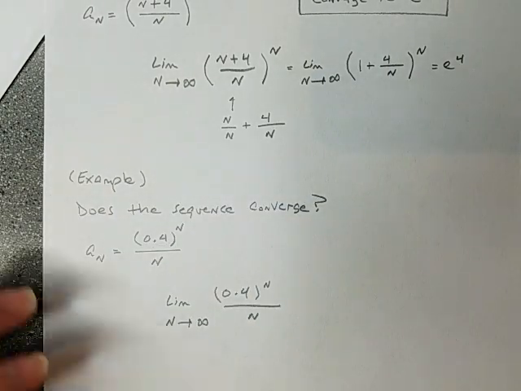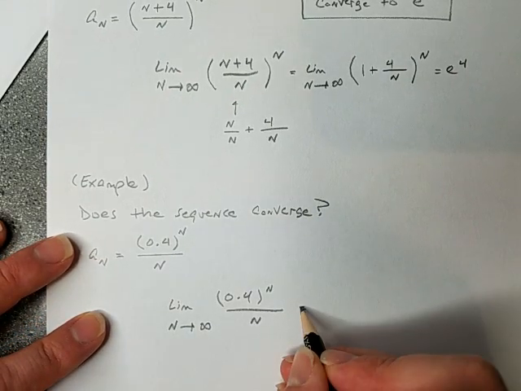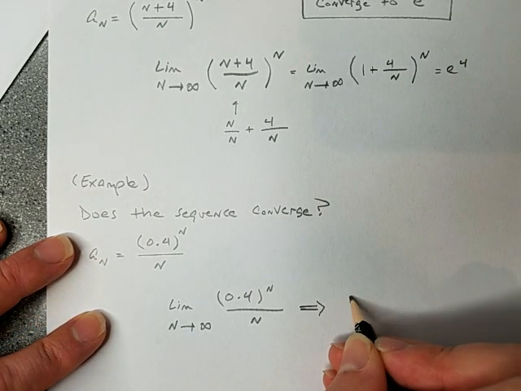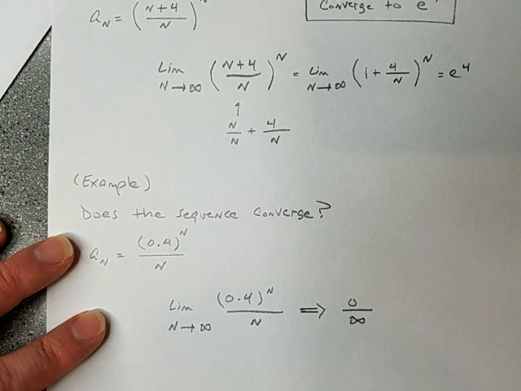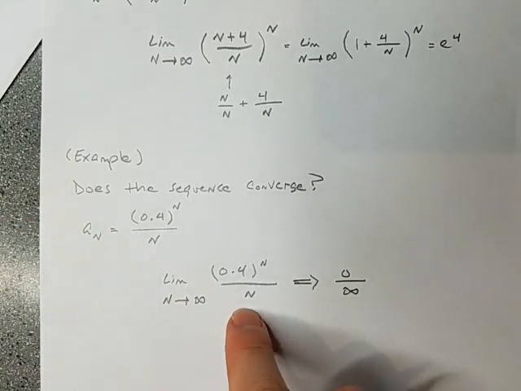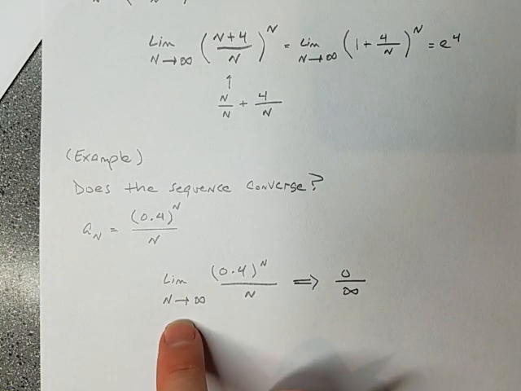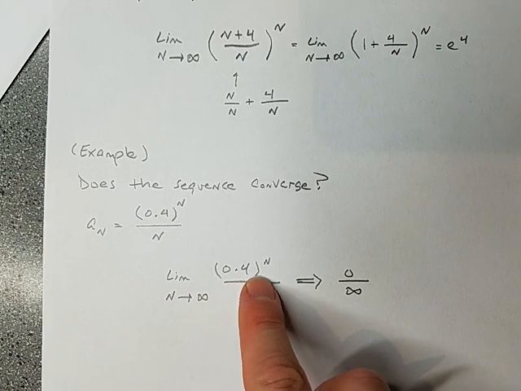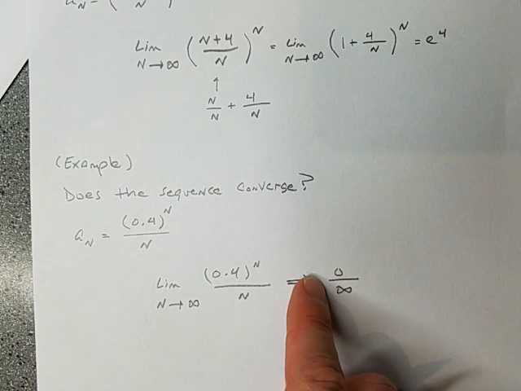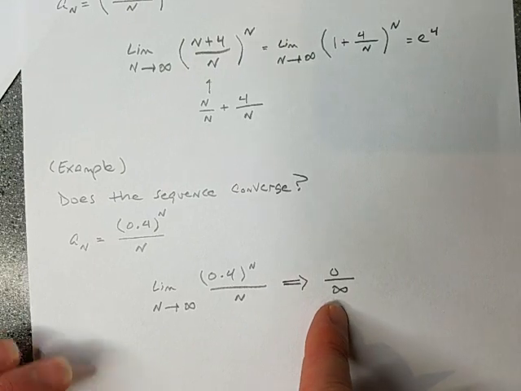Okay? So this is going to look like 0 over infinity. Now, I'm not saying literally that's going to be infinity. We're just saying it gets bigger. But that top part is going to 0. That bottom part is going to infinity.